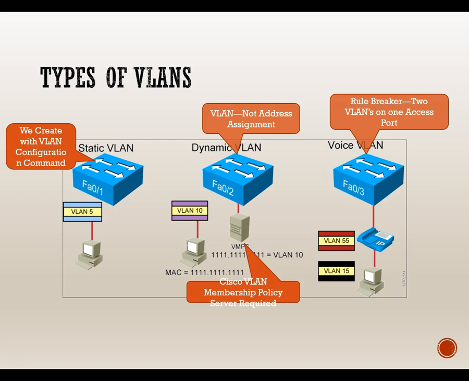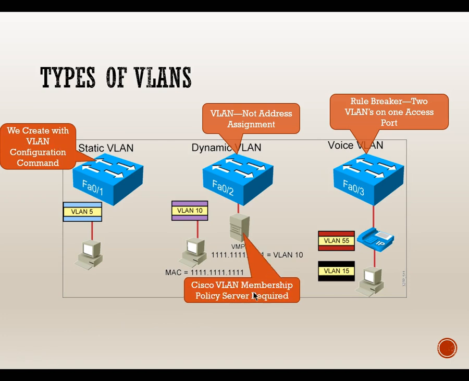It's a VLAN, not an address assignment. We have the VMPS, the server here, that keeps track of the MAC address, and then it automatically adds that MAC address to the VLAN regardless of where it plugs in to the switch.